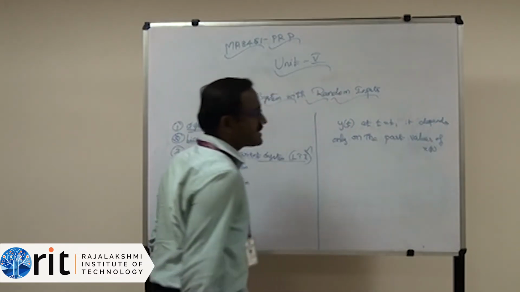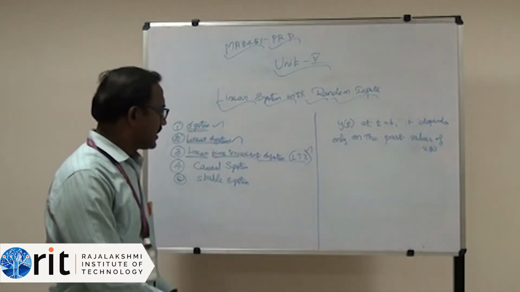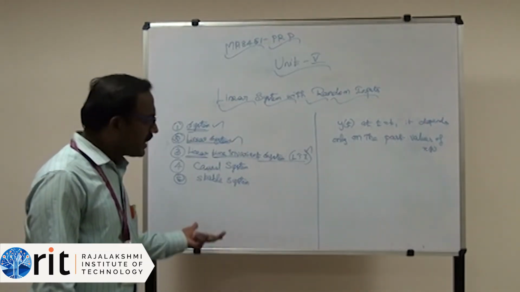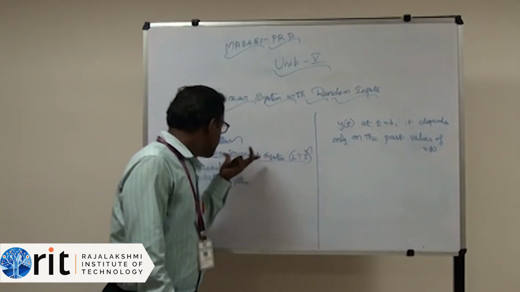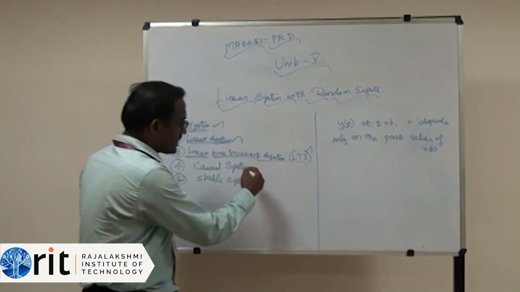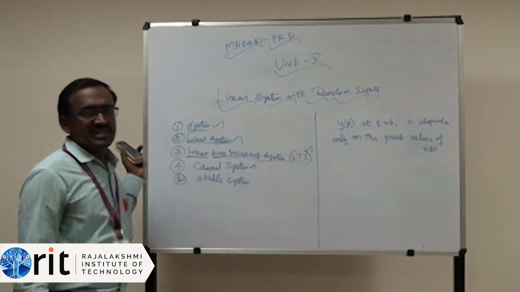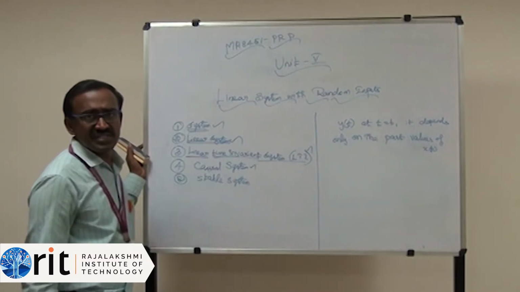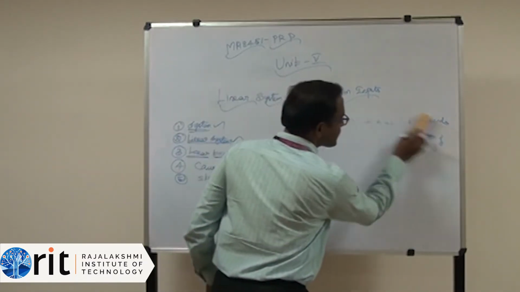Then we can say it is a causal system. If it does not satisfy this, it is a non-causal system. In day-to-day real life, all systems are causal systems. Non-causal systems are rare, imaginary cases involving time shifts. That is a causal system.